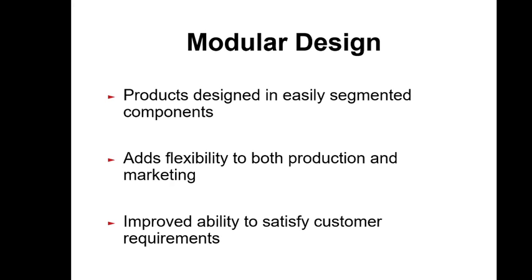Products are designed in easily segmented components, which means we always try to design our products in small, segmented components in order to have them easily assembled. A very good example is IKEA. IKEA has furniture in small components which the customer can easily buy, and of course it is light and environmentally friendly, and customers can assemble their furniture at home by themselves.